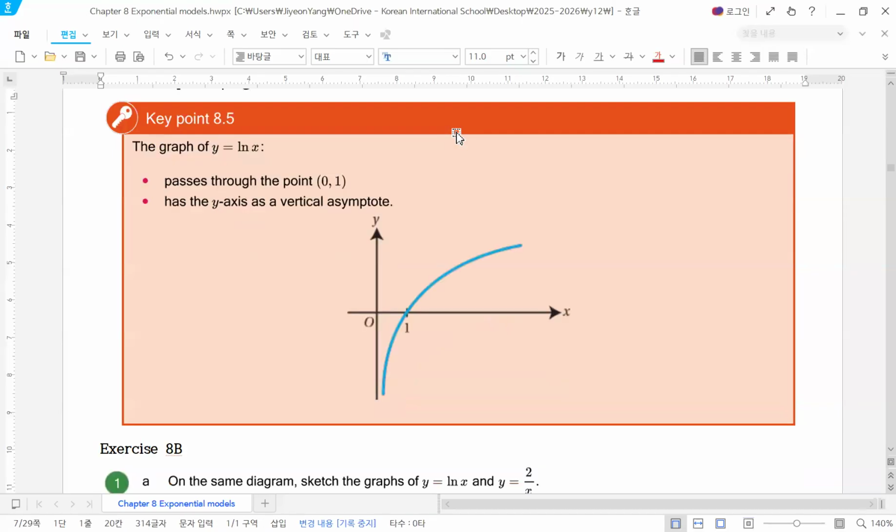Okay, students. So take out your calculator and I want you to try to draw a graph of y equals ln x.